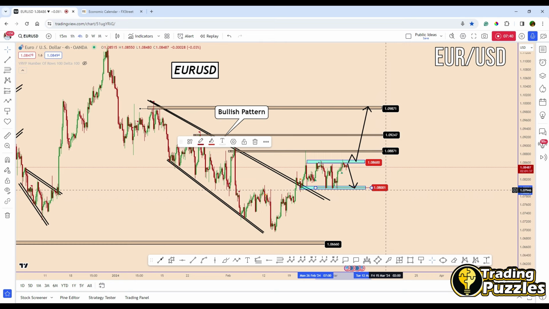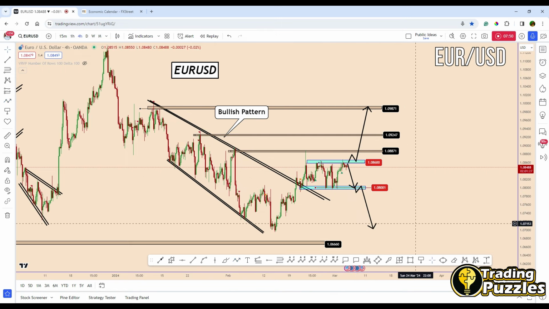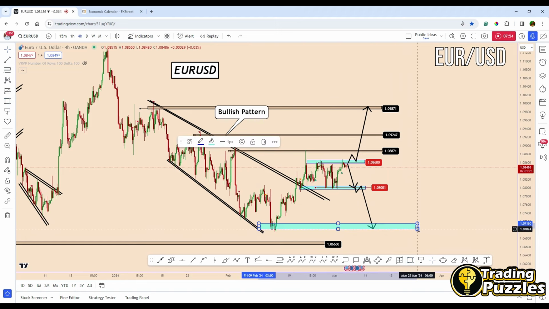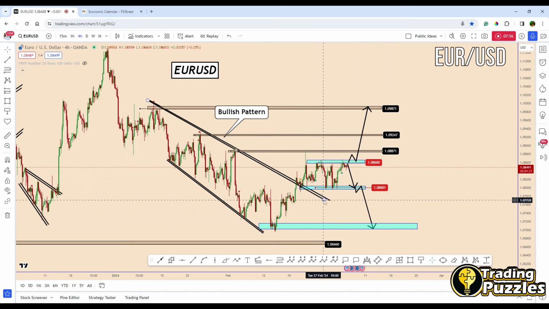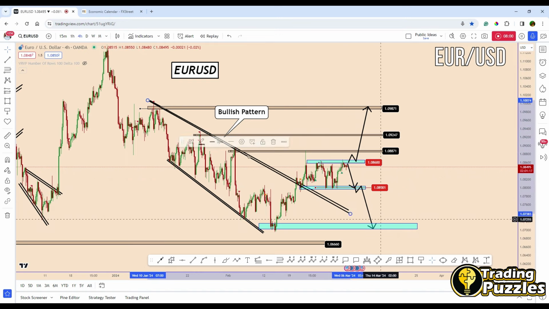It has chances of happening. And if the price will manage to break through this area, then we have to be careful because it can move down up to the bottom of the structure. So also this is a possible scenario that may happen. Probably it is not in cards right now, but it can happen during the ECB meeting.